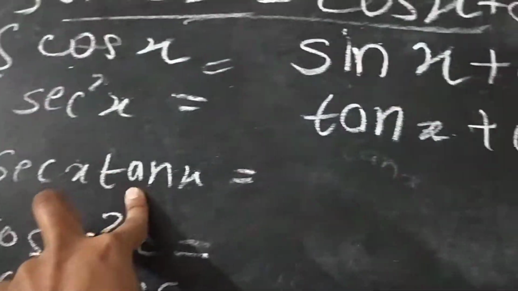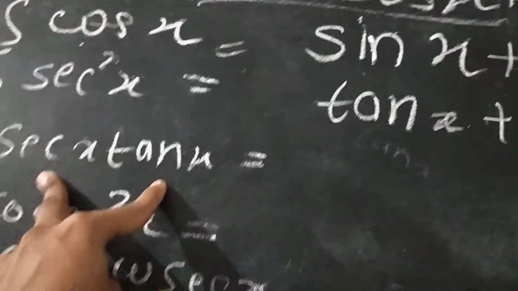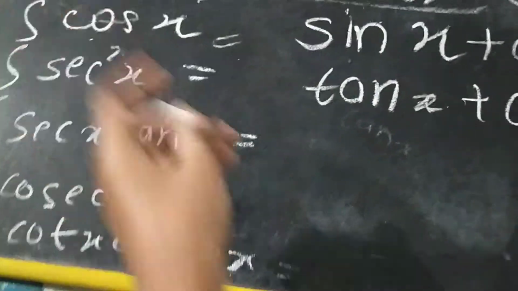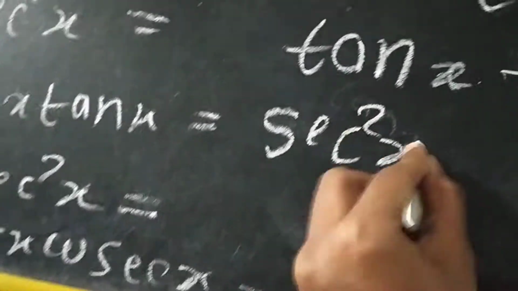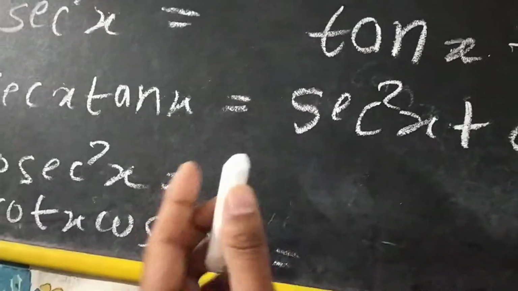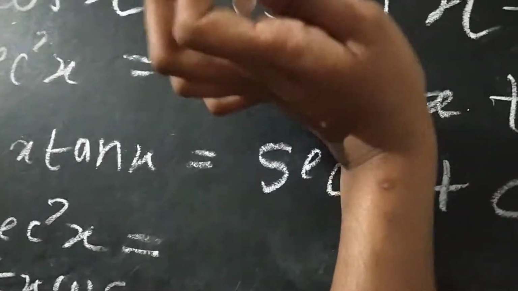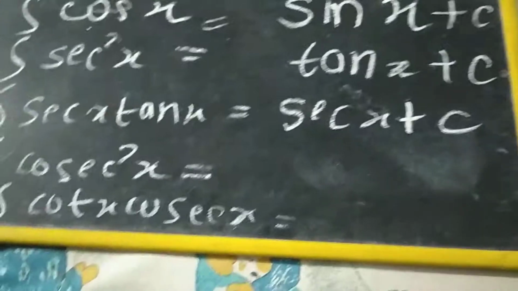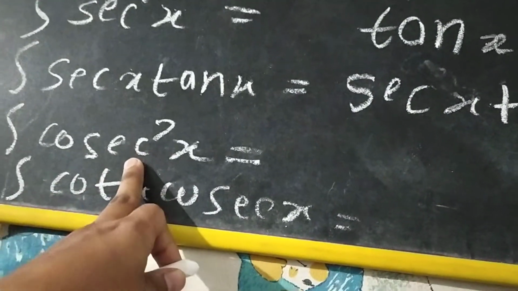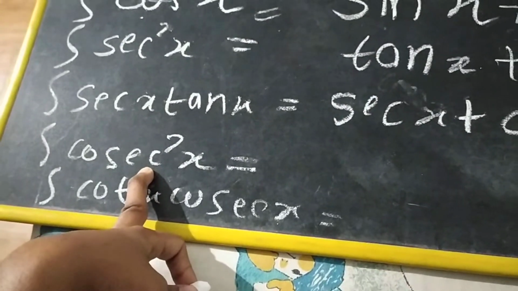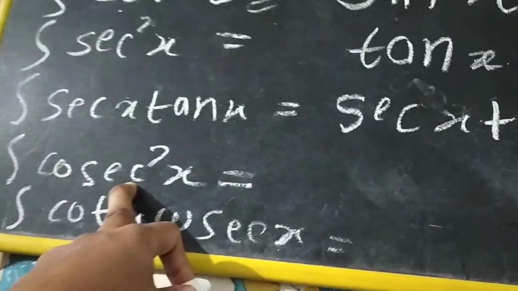So sec x tan x. So what is the derivative of sec x tan x? Sec square x? No, I'm sorry, not sec square x, sec x.